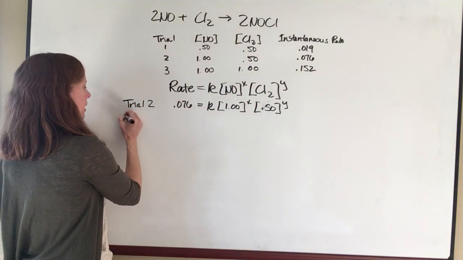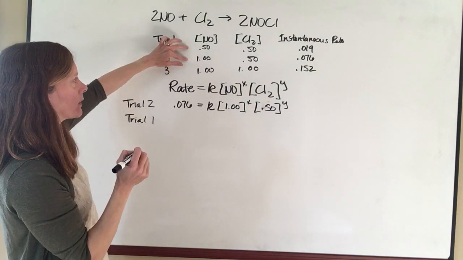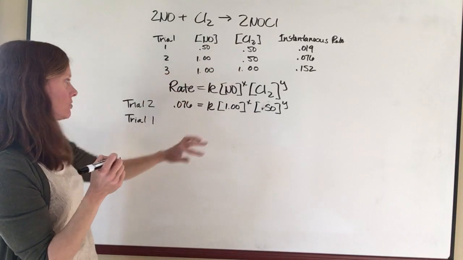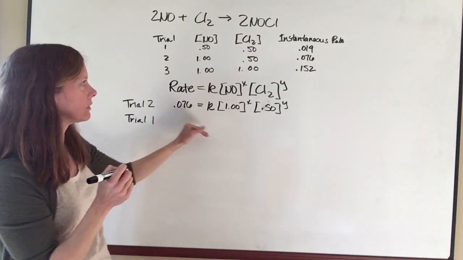Now, I know that if I compare that to trial 1, the Cl2 doesn't change. So now I'm going to write an equation for this particular trial.